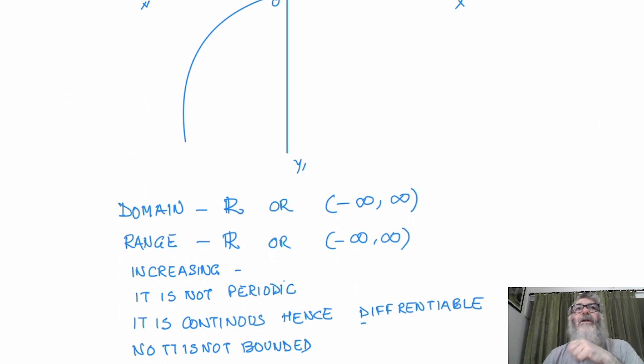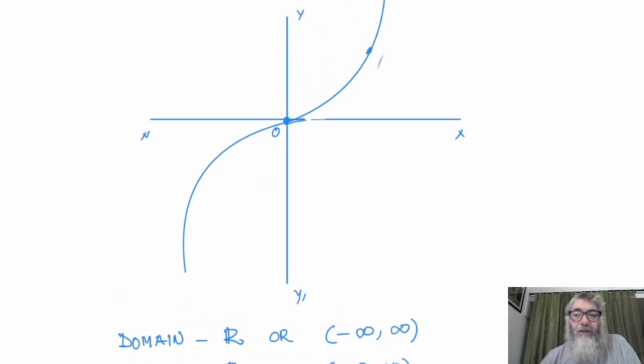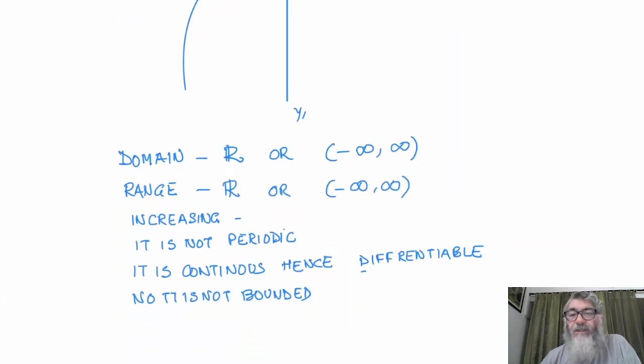Generally, all trigonometric functions are periodic because they have a period, 2 pi or pi. Is it continuous? Is there any break in this graph? No, I don't visualize any break, so it is continuous, hence it is differentiable, and it is not bounded, neither lower bound nor upper bound.